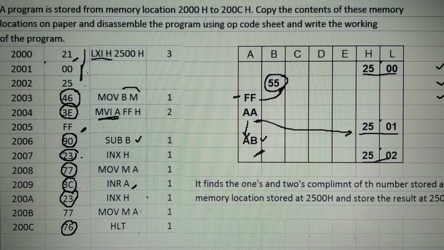Here the purpose is to find the ones complement and twos complement of the number stored at 2500, and store the results in the next consecutive memory locations.